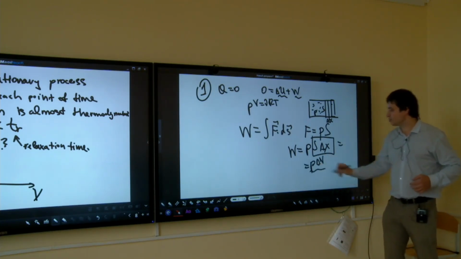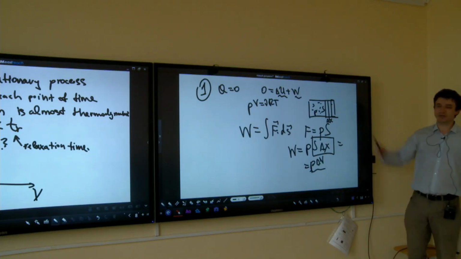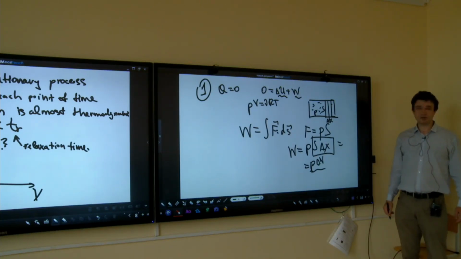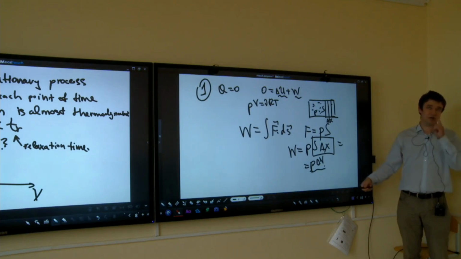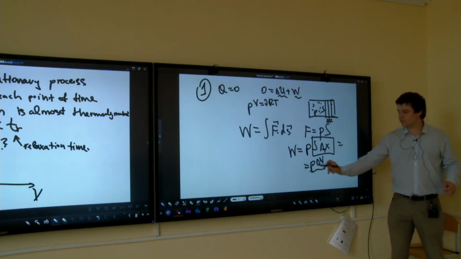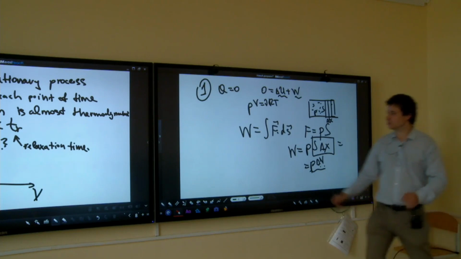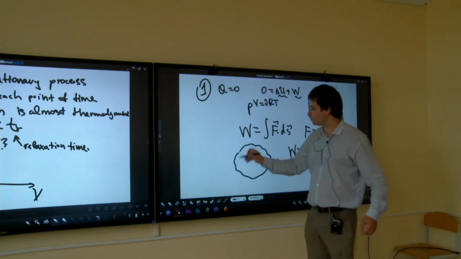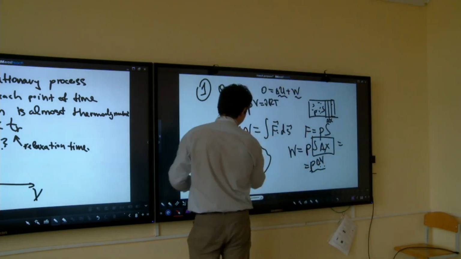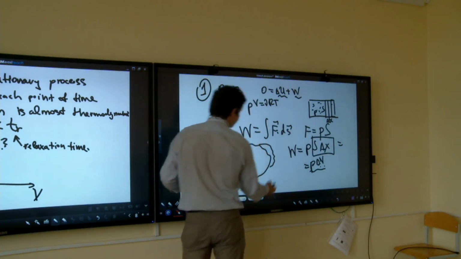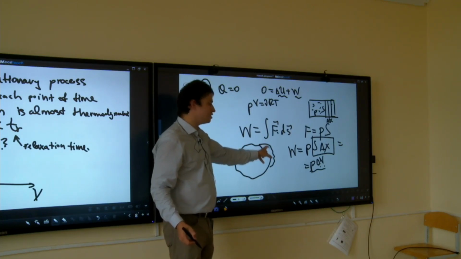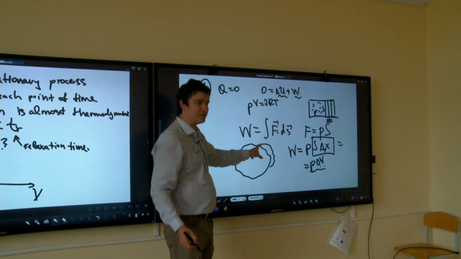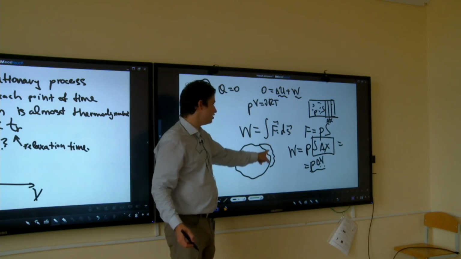And what's more important is that this particular case is a good case because in any general case, the work done is equal to P times delta V. Because you can consider, for example, you have some volume and everything changes, but you can consider this motion as like many infinitely small pistons inserted here that change their positions.